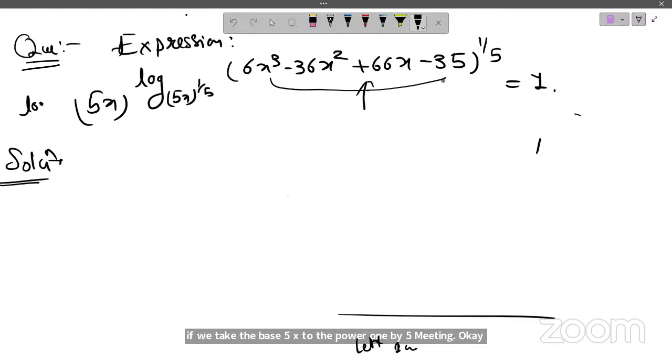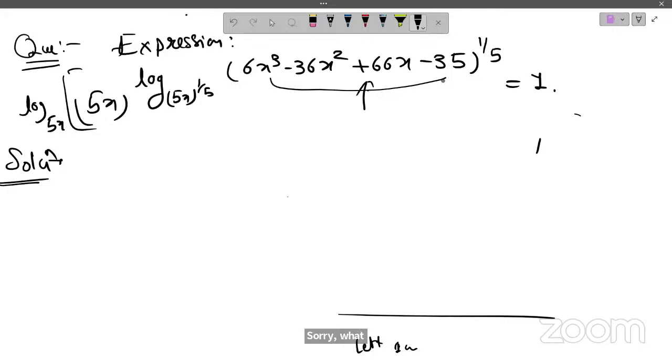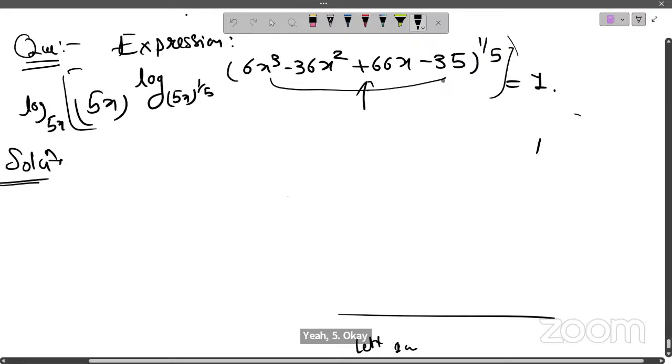Let's take log base 5x. We can take the power 1 by 5 out as 5, it is a property of log. That will come out to be 5 by 5 in the whole polynomial expression.